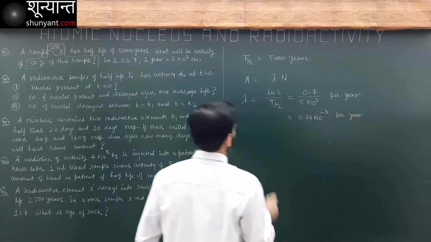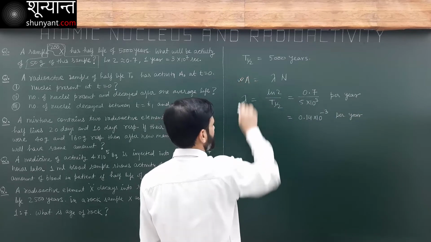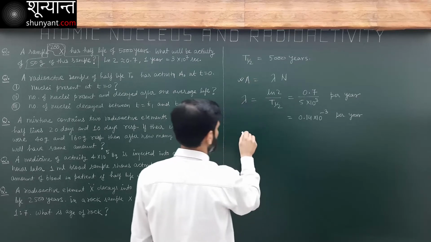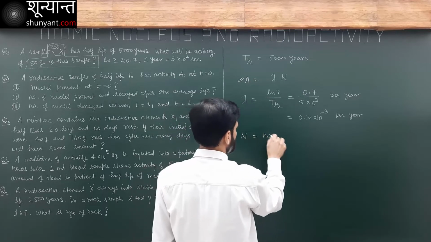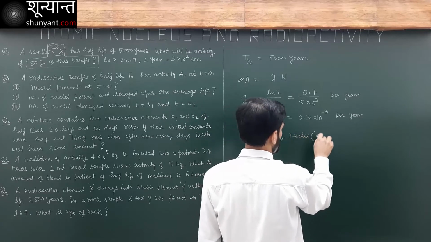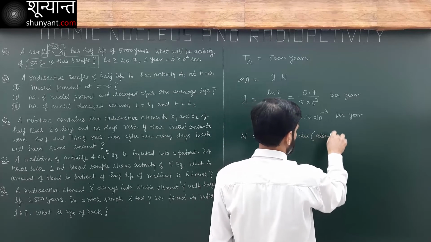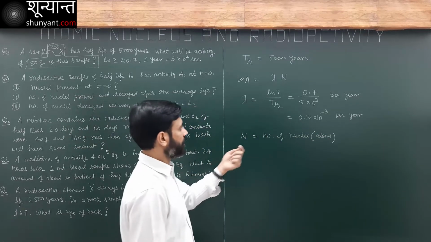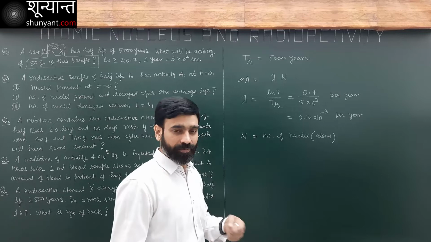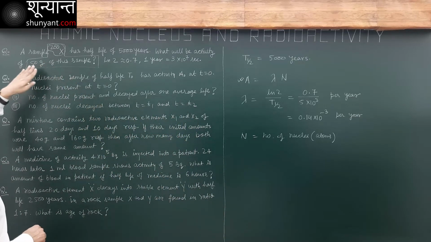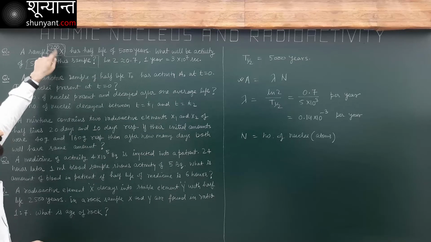Now, if I want to find the activity, what is N? N is the number of nuclei or atoms. Both are the same; one atom has one nucleus. How many nuclei are present if I have 50 gram of this sample?